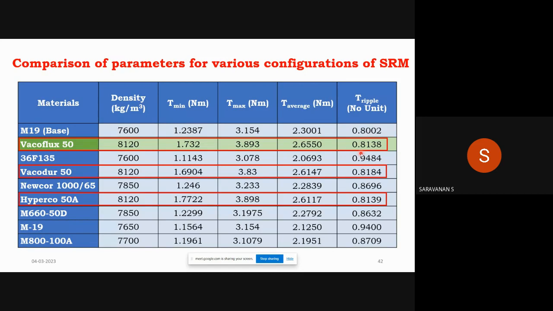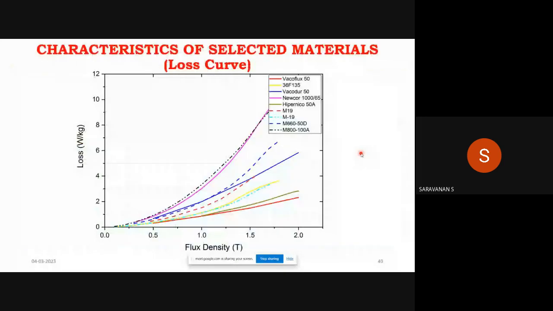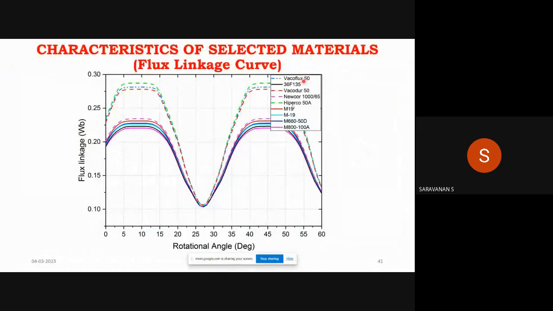Okay, then we will consider the loss characteristics. In loss characteristics, you can see Hyperco 50. In the characteristics itself, it shows these three materials: Walker-Flux 50, Hyperco 50, and Walker-Flux 50 variants. These materials will perform well.